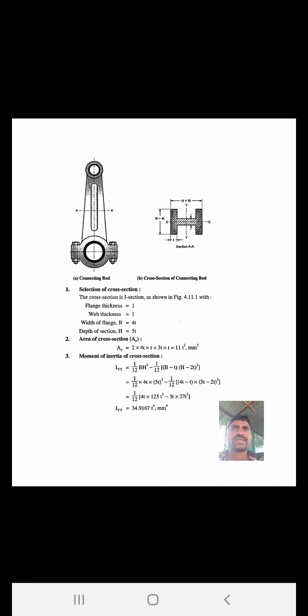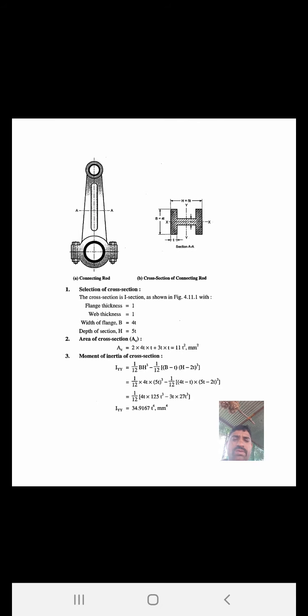In IXX we calculated B D cube divided by 12 because of the rectangle. Here the section is also rectangular. So B width into height cube divided by 12, minus 1 divided by 12 into B minus T, this B minus thickness, into H minus 2T cube, because 2 times T is there. We consider that here.